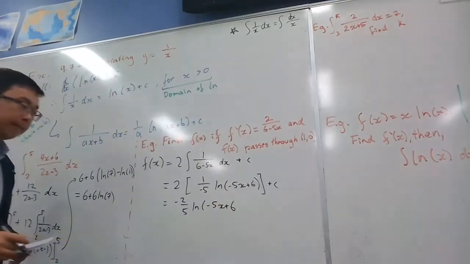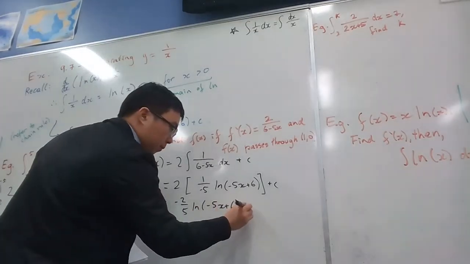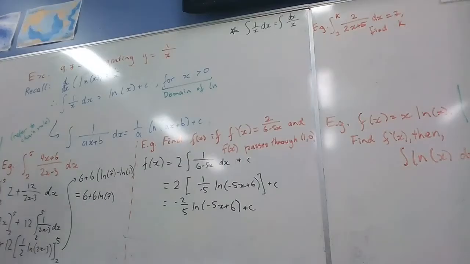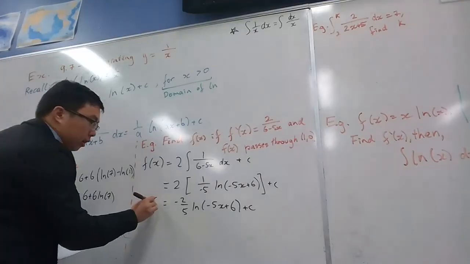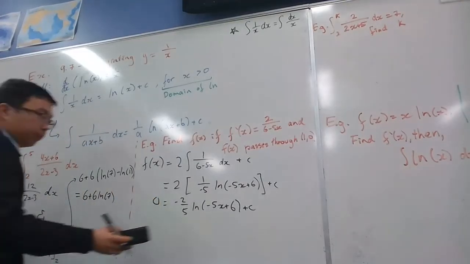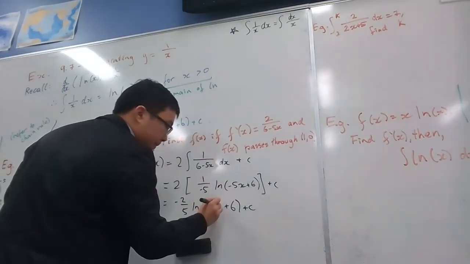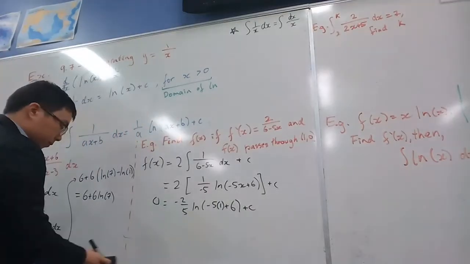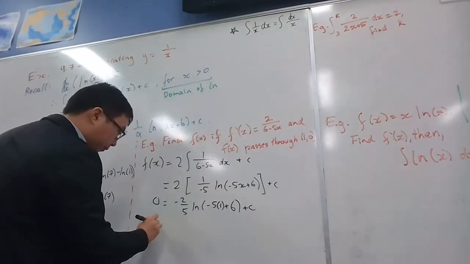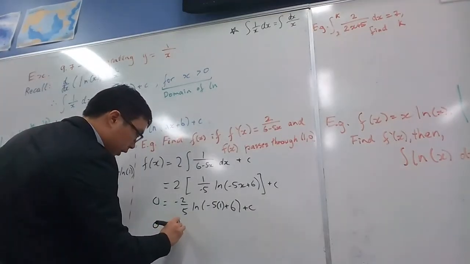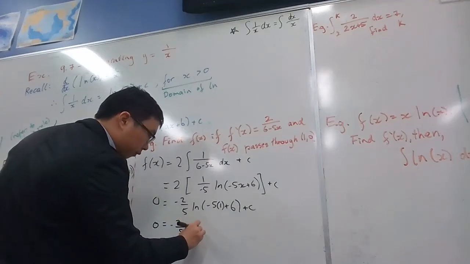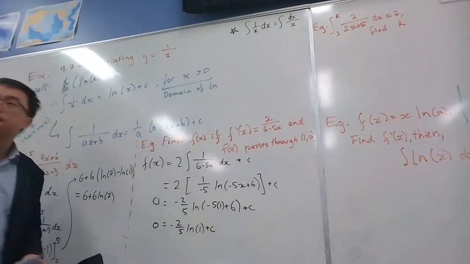So that's what we get, plus c. And it says here, f of x passes through (1, 0), which makes sense for me to say that when I substitute the points, I end up solving for c. So I'm going to put 0 here, and I'm going to replace the x with a 1. Which gives us 0 equals negative 2 over 5 ln of 1 plus c.